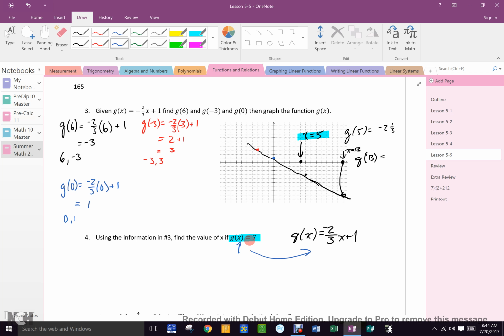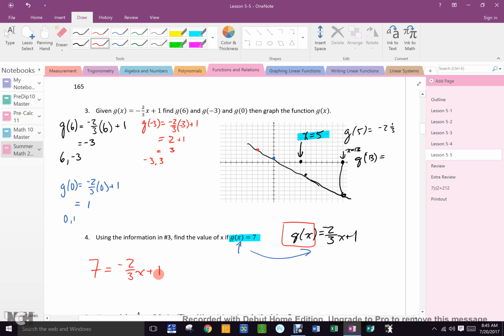No. The g of 7, but no, Amy, because I don't know the g of 7. I only know the g of x. Brooklyn. Yes. This tells me what the g of x is. So what do I write there? 7. And what does the g of x equal? Negative 2/3 x plus 1.